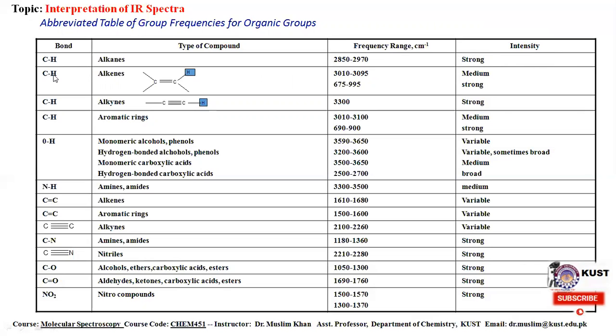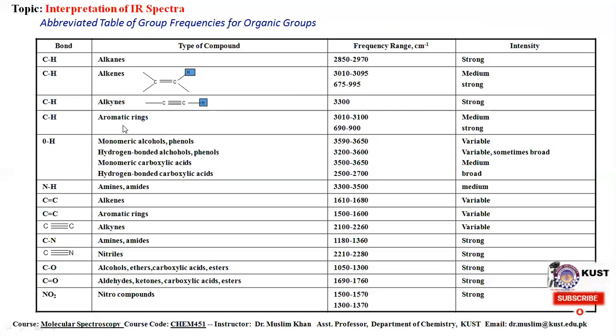Now this is the carbon-hydrogen of an alkene, not an alkane. This shows 3010 to 3095 and usually gives a medium band. While this is the carbon-hydrogen of an alkyne, in the range of 3300 and showing a very strong band.